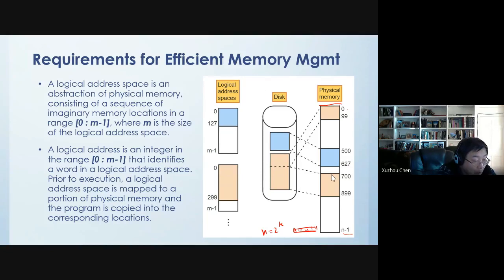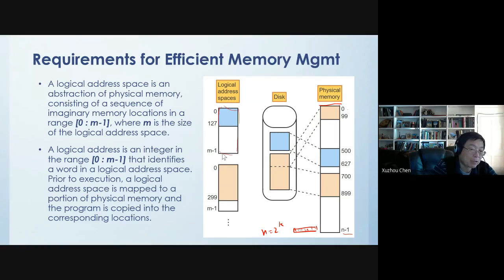Now, eventually the memory is going to be used to process the computer program and the data, right? When you write a computer program, it eventually has to be loaded into the memory.